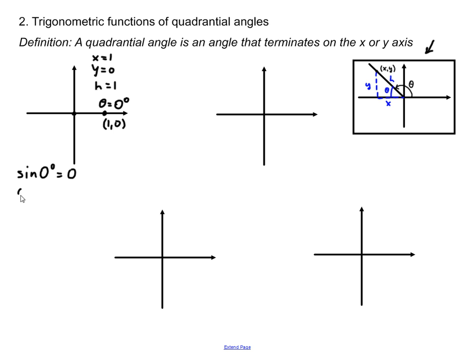The cosine of our angle 0 degrees will be adjacent, x over h, hypotenuse 1, so 1 over 1, that's equal to 1. The tangent of the angle theta equals 0 degrees is going to be y over x, opposite over adjacent, that's 0 over 1. We're back to 0 again.